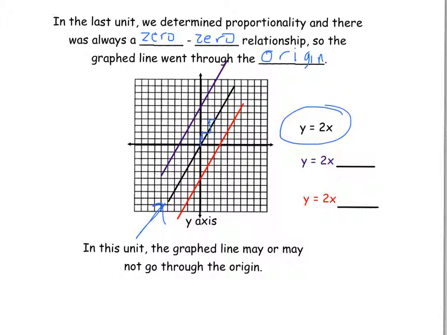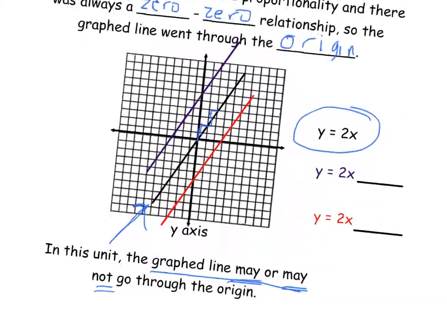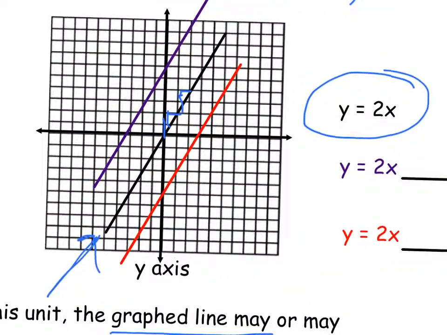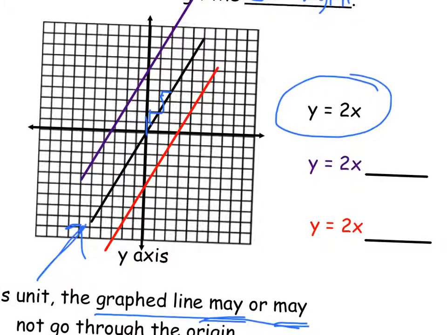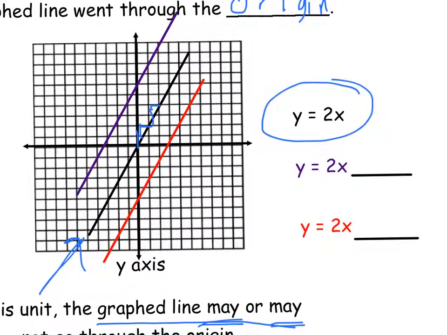For this unit, the graph line may or may not go through the origin. So we might have some that are proportional that go through the origin, but we'll just as likely have them that don't go through. So I'm going to make this a little bit bigger so we can see. So here we have our original y equals 2x, but for this purple line, we started higher. From that we had to add 1, 2, 3, 4, 5, 6.